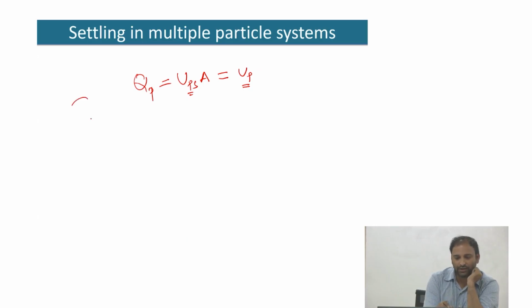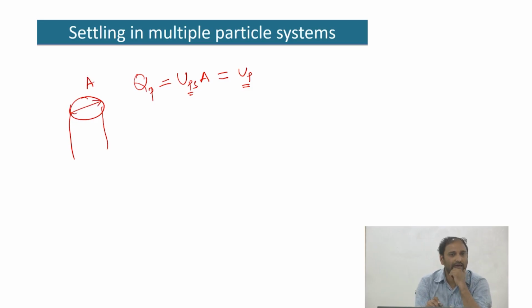So if you have a container with cross-sectional area A, and I want an idea of the cross-sectional area that is available for the particles to flow, it is A into 1 minus epsilon, because 1 minus epsilon gives you the solid fraction.